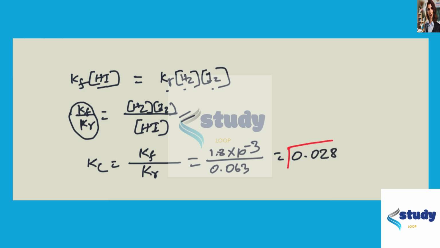So this is the value of Kc, or the equilibrium constant, for this reaction at 700 K. So that is our answer to the first question.